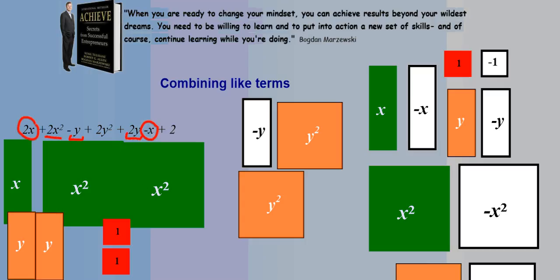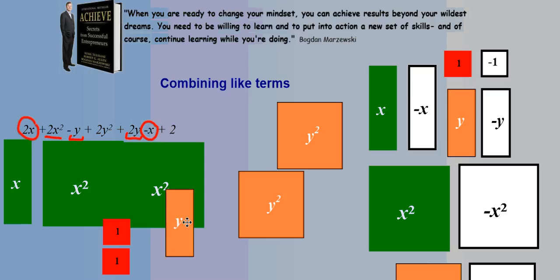So think of the zero principle. One negative y with positive y will make it 0. So positive y and negative y disappear. The next one in line is 1 positive y tile.